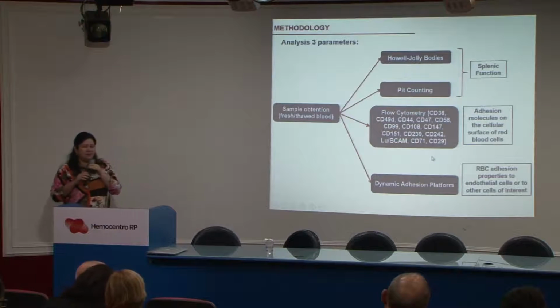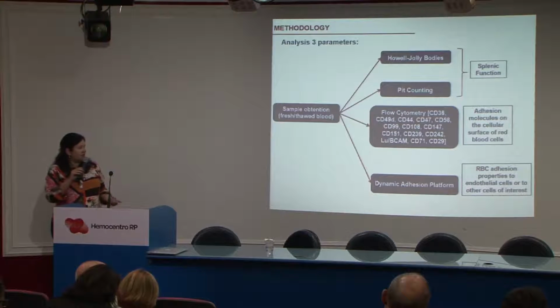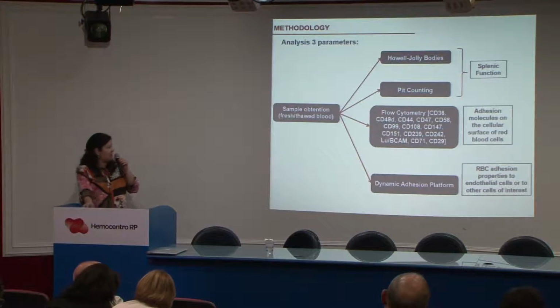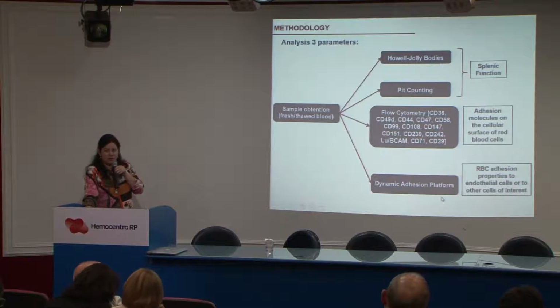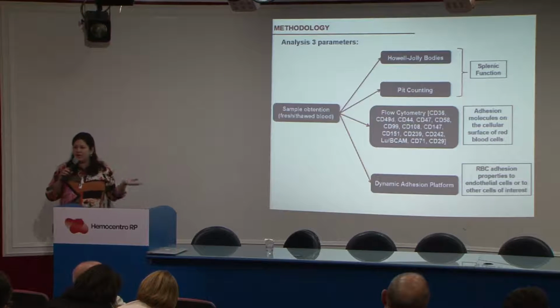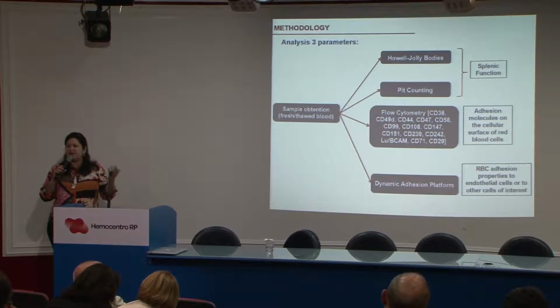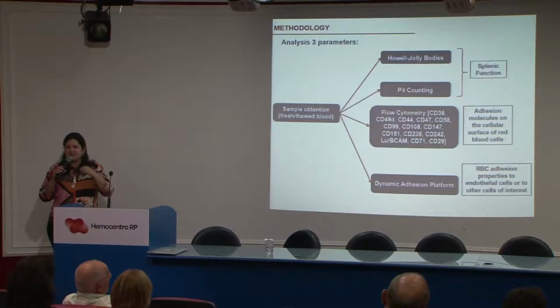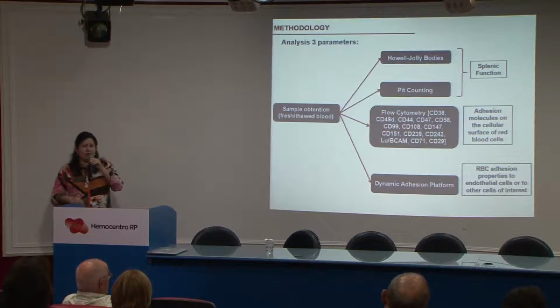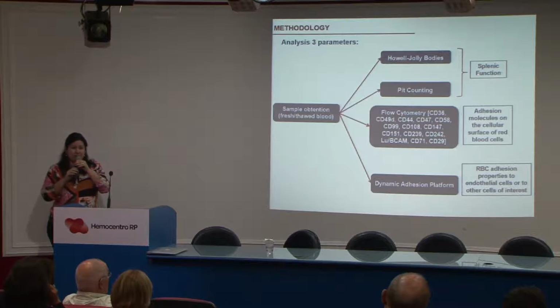And we will study the red blood cell adhesion properties to the endothelial cells by using a dynamic adhesion platform, which is another part of the collaboration between the French and the Brazilians, because this is a technology transfer. Also, they will help us in putting a machine here and starting working with this adhesion platform.